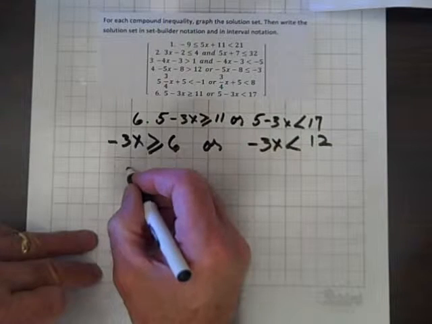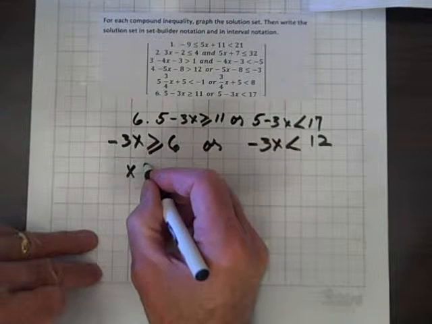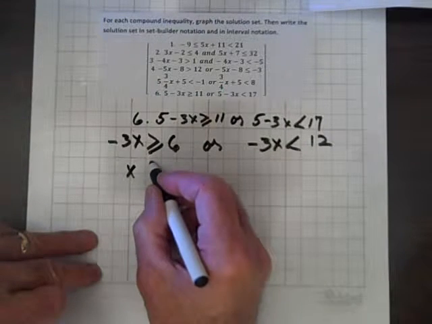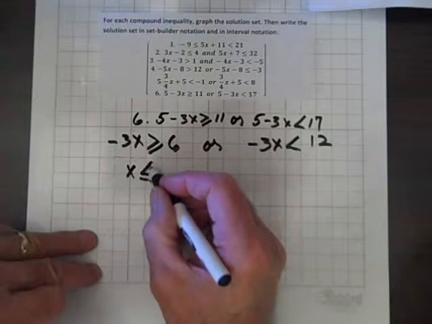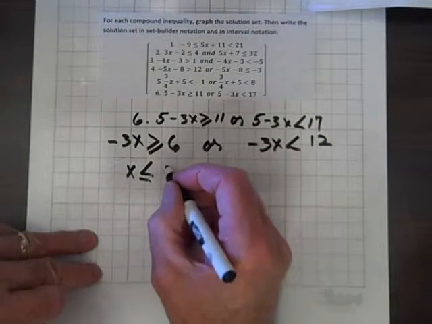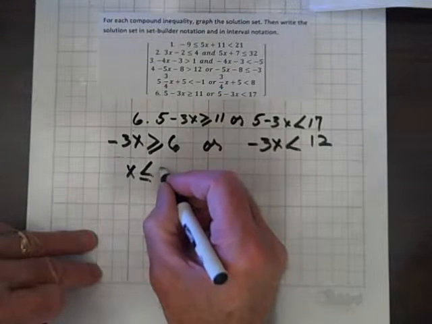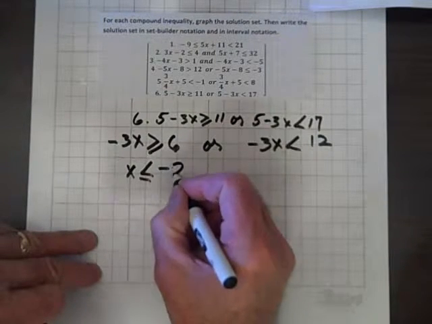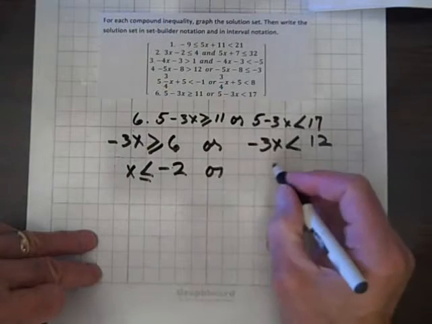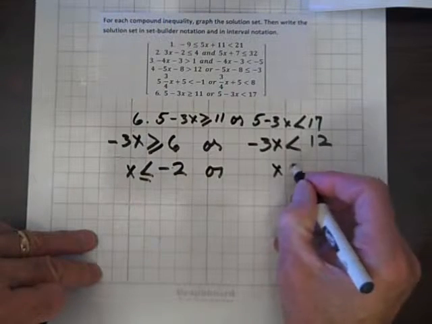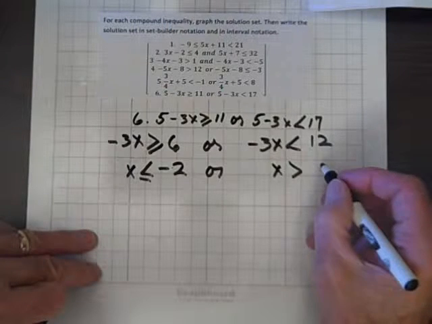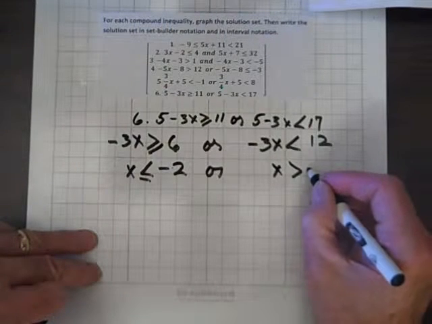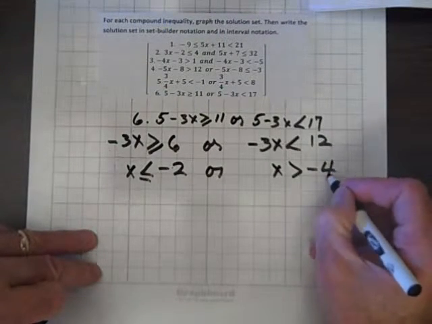Now, isolating x, we'll divide both sides by negative 3, and dividing by a negative, we have to flip the inequality, and 6 divided by negative 3 is negative 2. Or, again, dividing by negative 3 and flipping the inequality, 12 divided by negative 3 is negative 4.